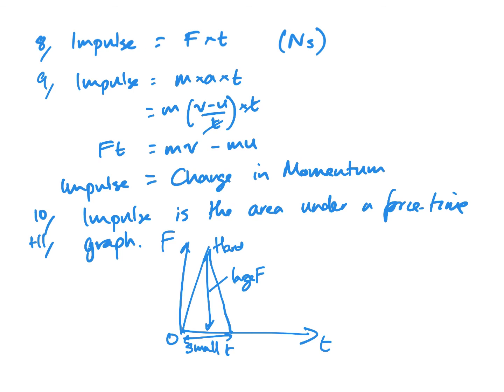Whereas if you jump onto a softer material, you get a similar shape of graph, but by spreading the calculation over a larger t, you get a smaller force. So the area under the graph in both cases is the same, so your change in momentum is the same, but by making the time longer, you decrease the force involved. And that's why it's better to jump onto grass.